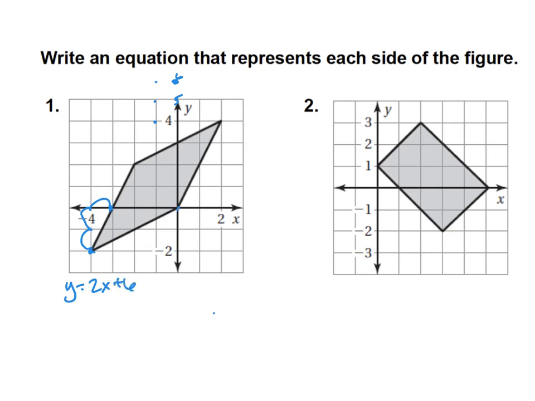So I'm going to do the one over here. We already see the y-intercept, so that one would be y equals 2x. And we could put plus 0, but you don't need it. This one, same thing, already have the y-intercept. Here's a point, up 1, to the right 2.